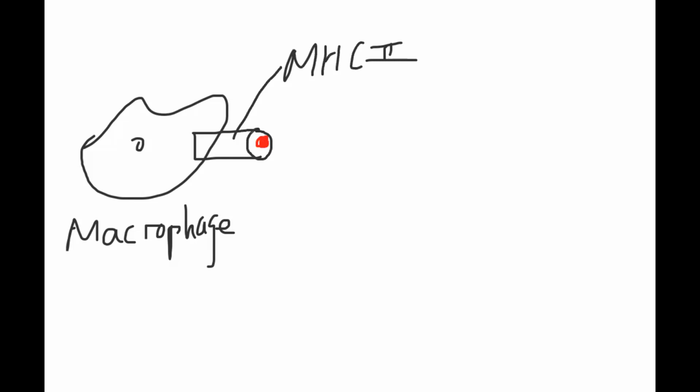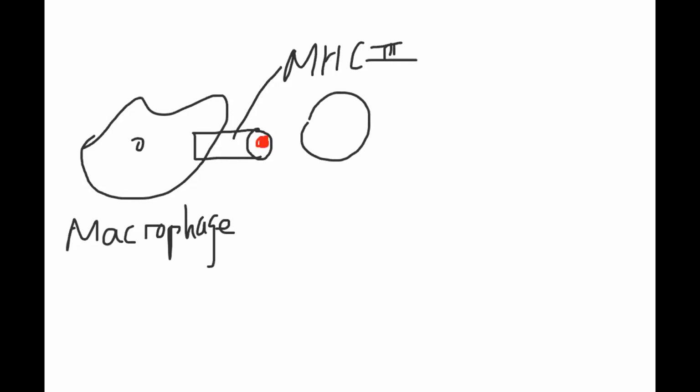So this peptide is the same peptide as on the liver cell, but this one is not made by the macrophage. It's engulfed by the macrophage. You see the difference?